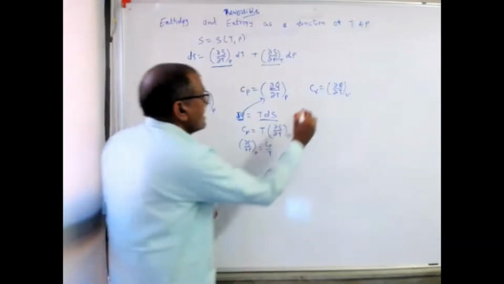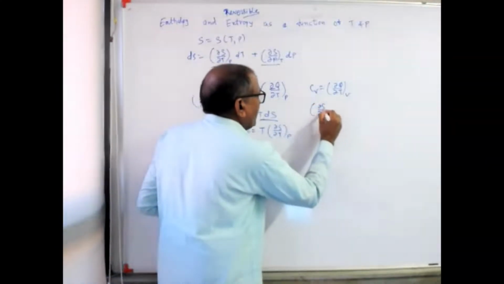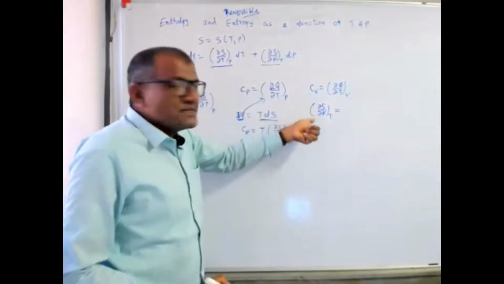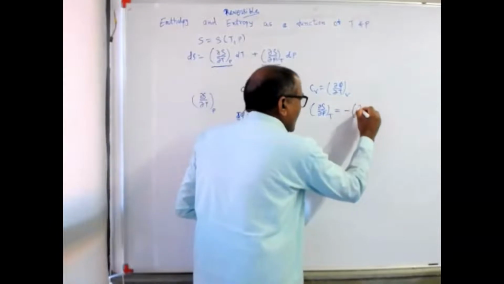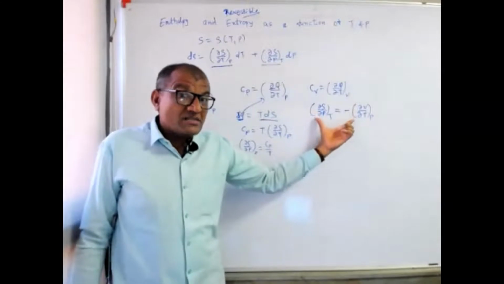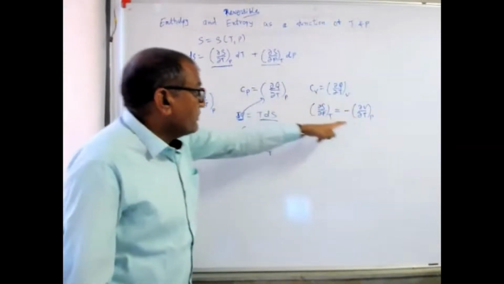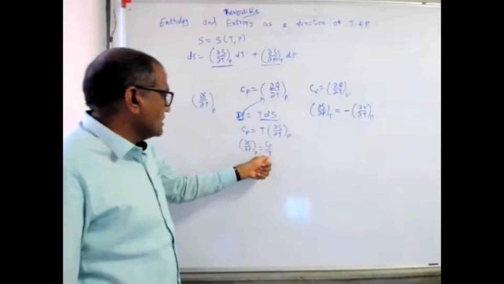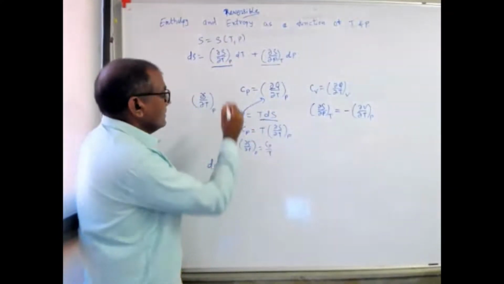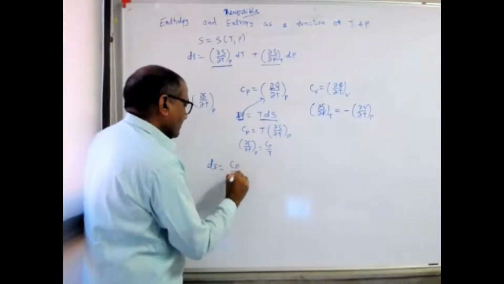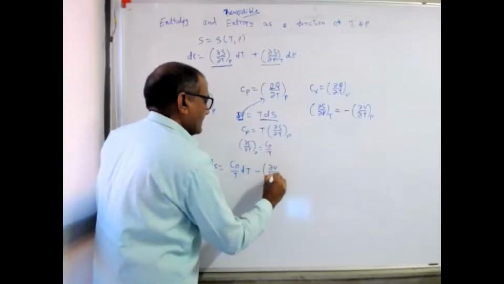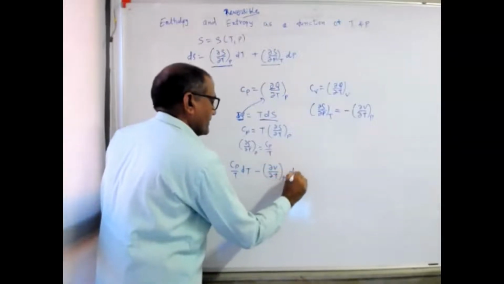The other thing is del S by del P at constant T. If you refer to the Maxwell relations, this is equal to minus del V by del T at constant P. This is one of the Maxwell relations. So if I insert these two relations in this equation, then dS would be Cp by T dT minus del V by del T at constant pressure dP.